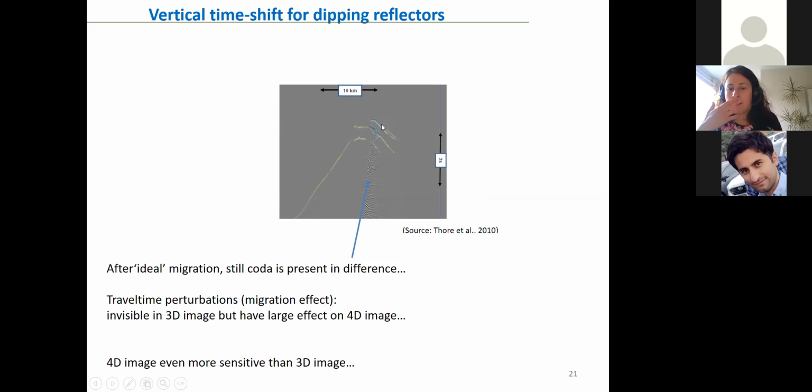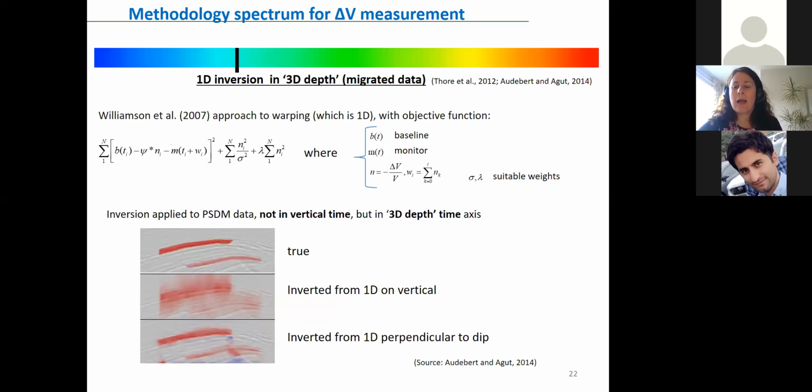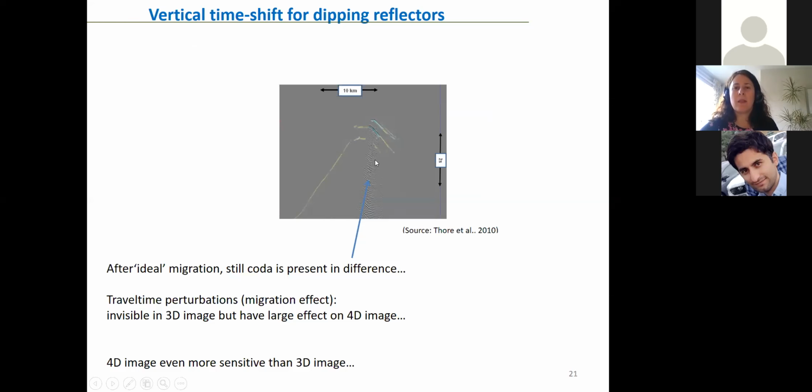Okay, so what they realized is that this wake was not present in the 3D images, but it was only visible on the 4D image. So this suggests that your 4D image is even more sensitive than your 3D image in picking up these artifacts.